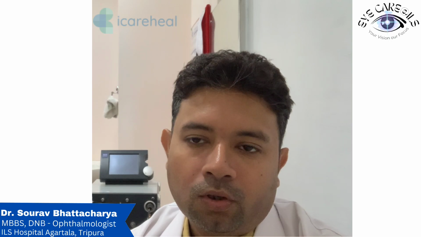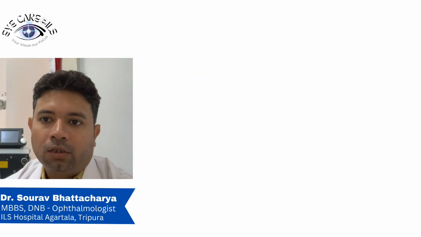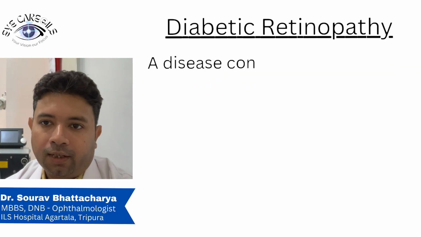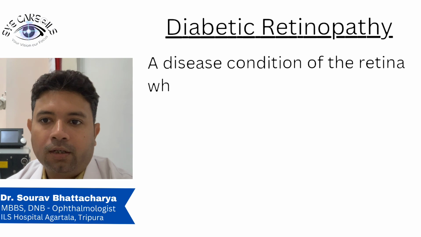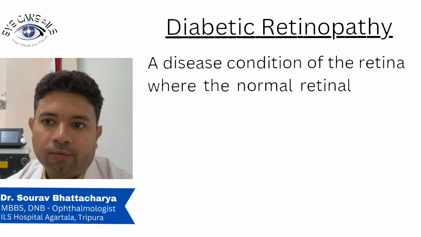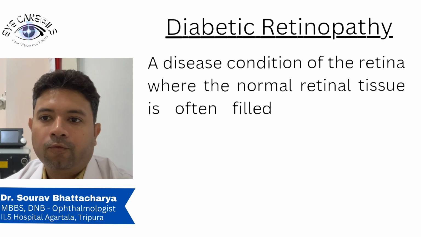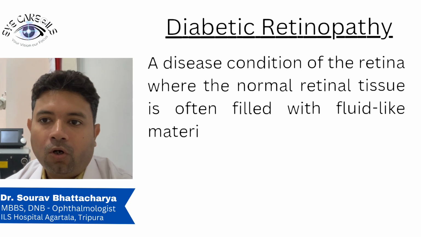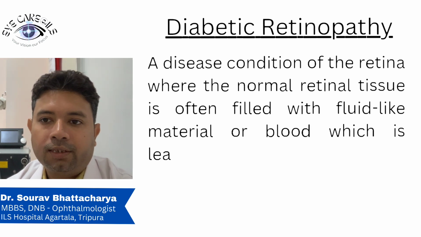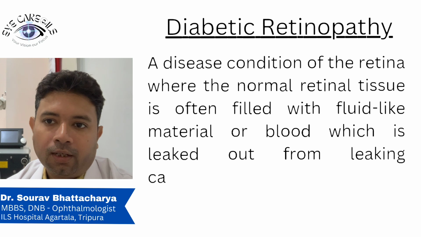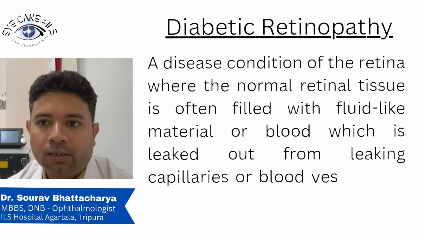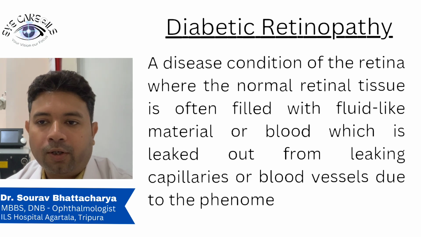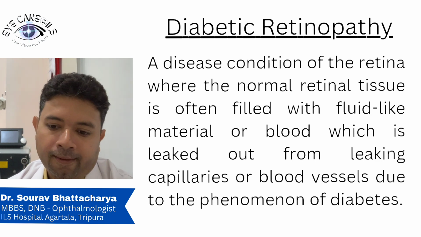These lead to a condition known as diabetic retinopathy. Diabetic retinopathy thus denotes a disease condition of the retina where normal retinal tissue is often filled with fluid-like material or blood which has leaked out from leaking capillaries or blood vessels due to the phenomena of diabetes.